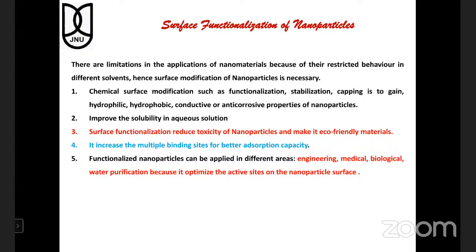Some of these nanomaterials are toxic in nature. If their surface is linked with some biocompatible material, their toxicity can be reduced. Keeping these points in view, surface functionalization of nanomaterials is very essential.